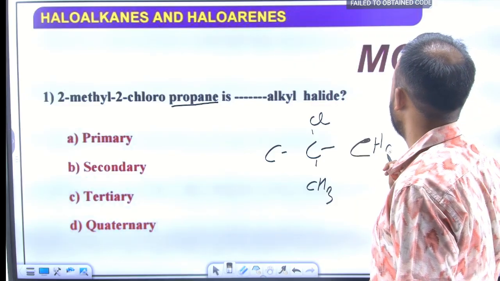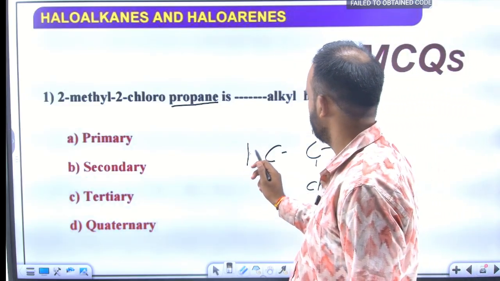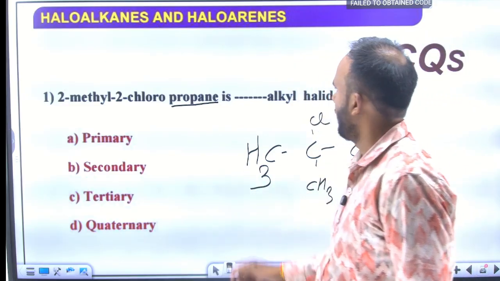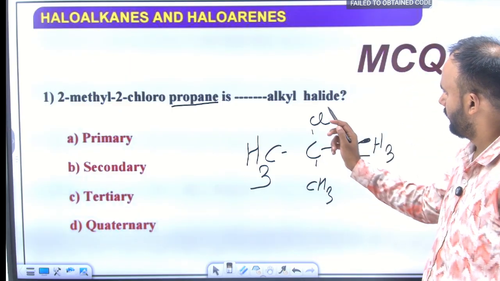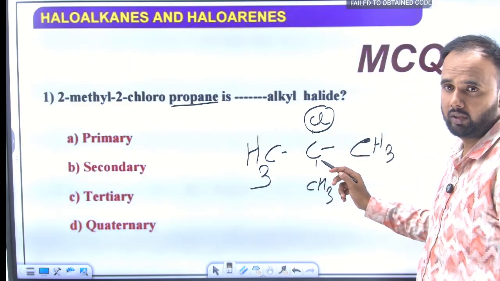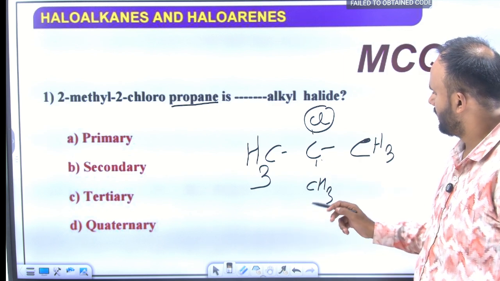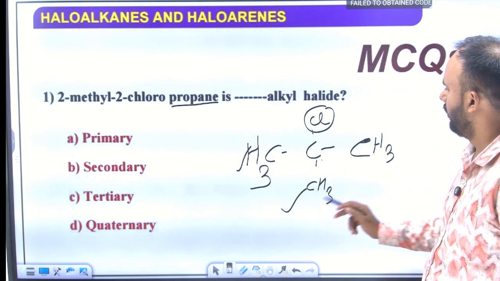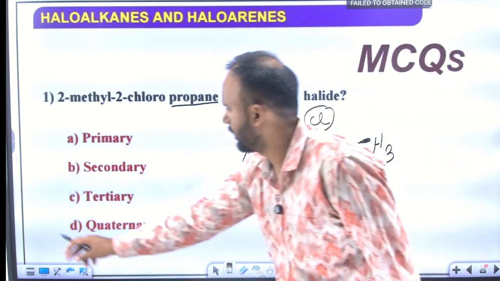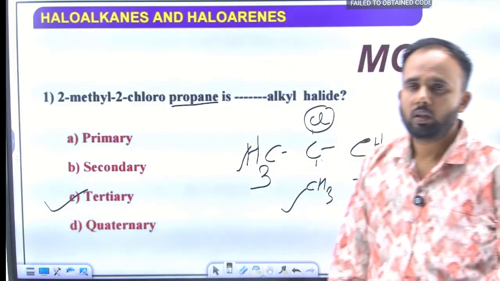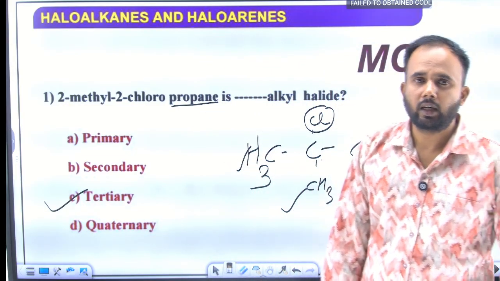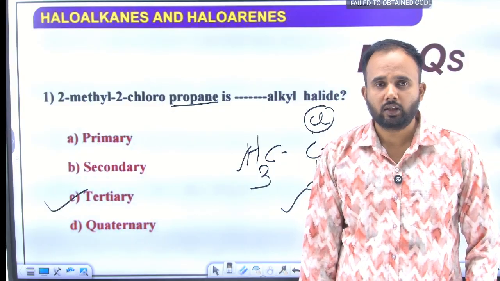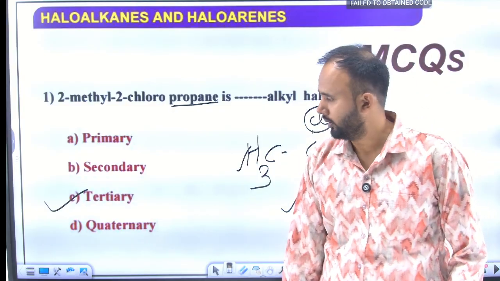Now we have to check whether it is primary, secondary or tertiary. Chlorine is attached to this carbon, and this carbon is attached to all three side carbons. So what will be our answer? Tertiary. This is the tertiary alkyl halide. Got it?